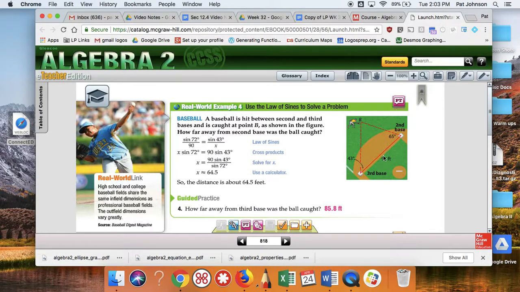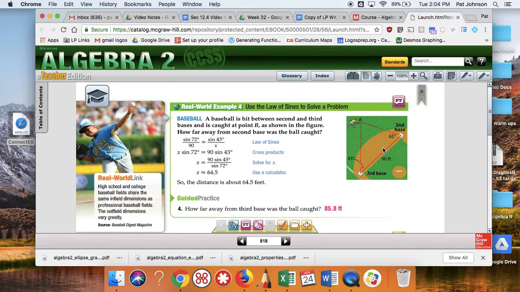We were told that this is 90 feet between second and third. So we're given side, angle, side. Because of that, we can find this side over here. We need to find this angle, which is 72 degrees, because we add 65 plus 43 and subtract from 180.